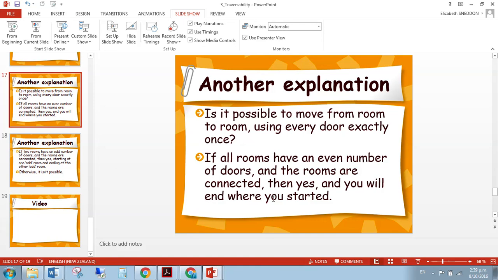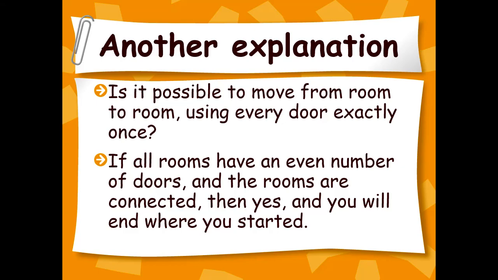Another way to think about this is: is it possible to move from room to room using every door once? Think about your house. Could you walk through every room in your house only going through the doorways once? If you've got a room which has a doorway going in and a doorway going out, then you could.